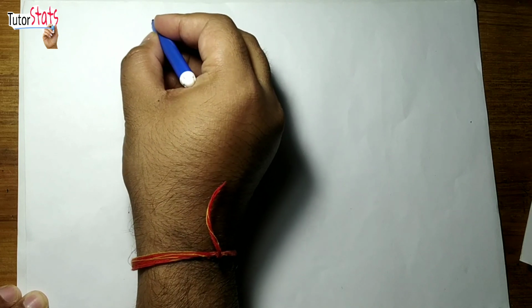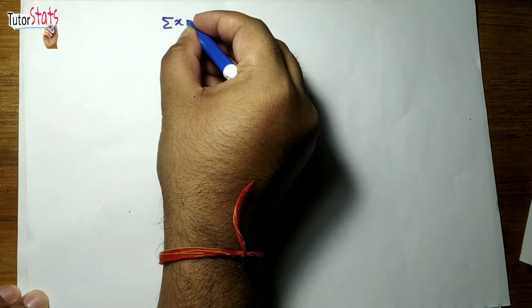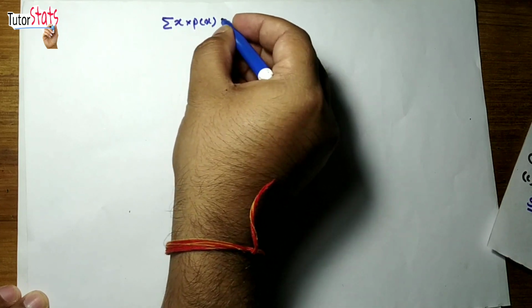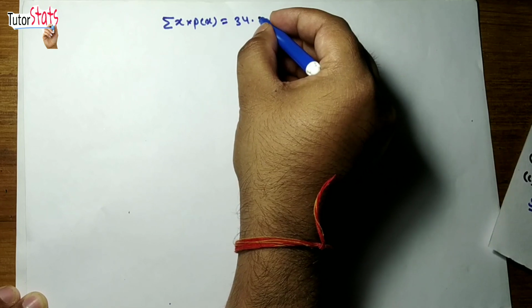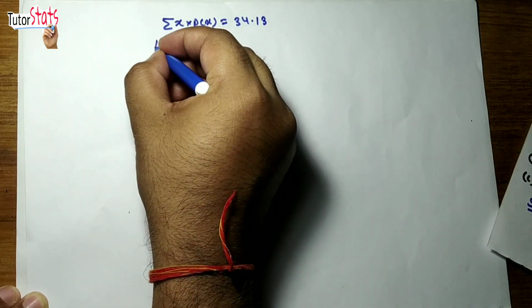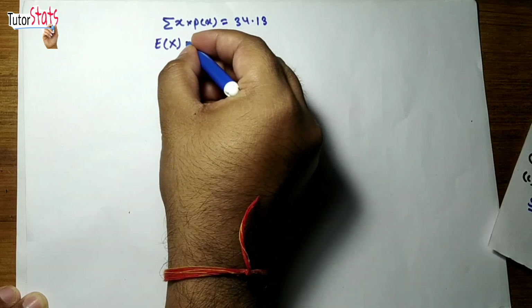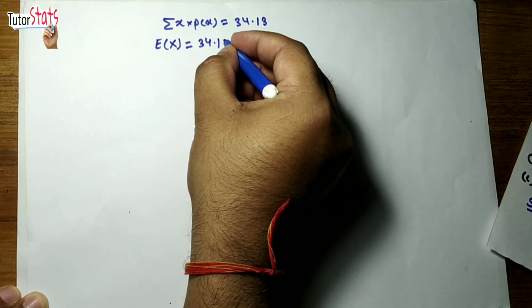Now we are getting the value of summation x into p of x is equal to 34.13. So the expected value of x is equal to 34.13.